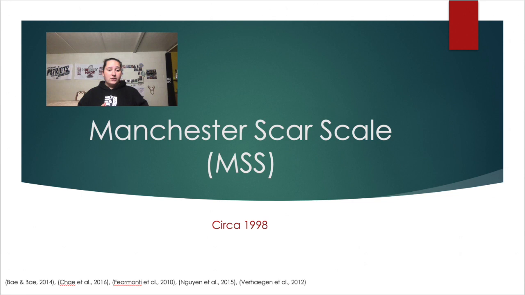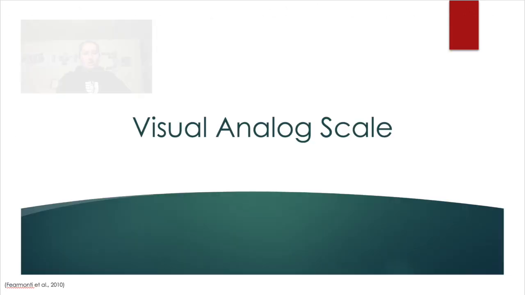It allows for concrete notation of visible aspects of the scars. And again, I don't see any limitations in age, and it goes for a wide variety of types of scars. This one might even take the least amount of time to administer. It's just however long it takes to assess all the categories that it talks about.